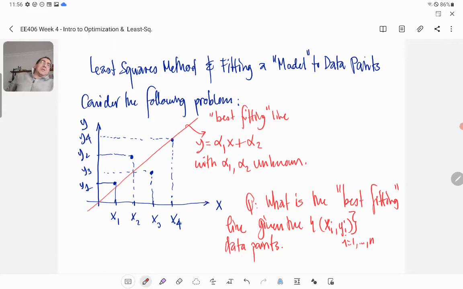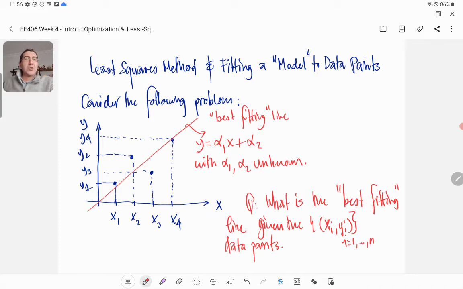The interesting thing that we want to study is what happens if you have many data points. Okay, as we will see, if you have the number of data points equal to the number of unknown variables, this is relatively simpler, and I'm going to give you an example in a minute. But it becomes more interesting when you have many data points, but just two variables to find out. Okay, in this example, there are 4 data points, but we are trying to find a best fitting line.